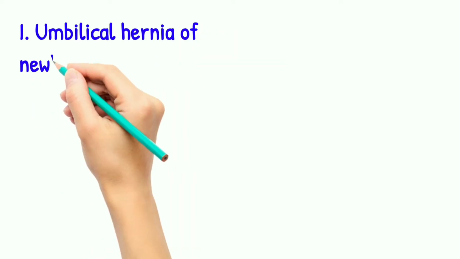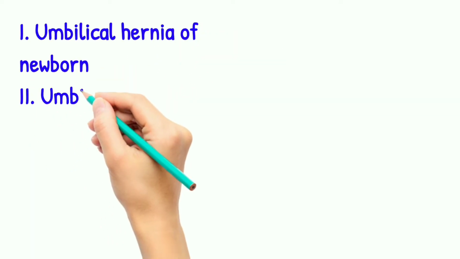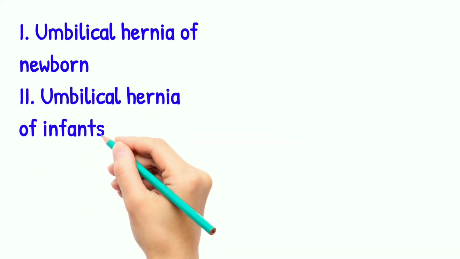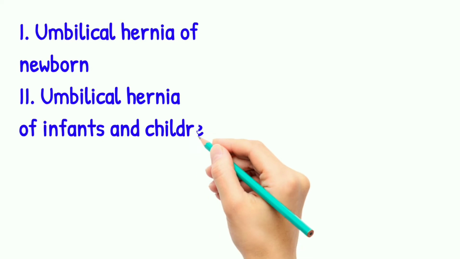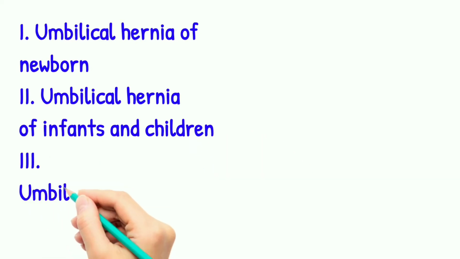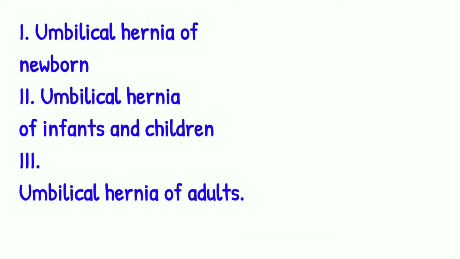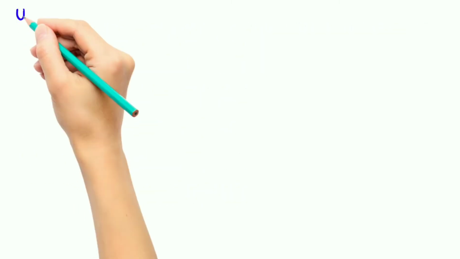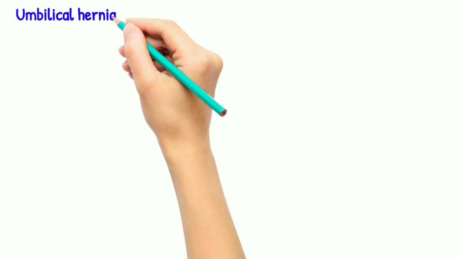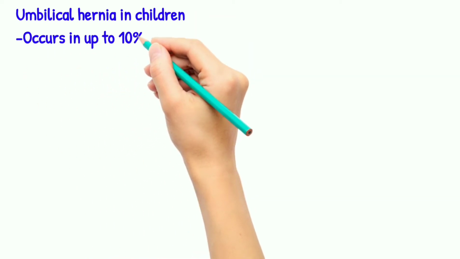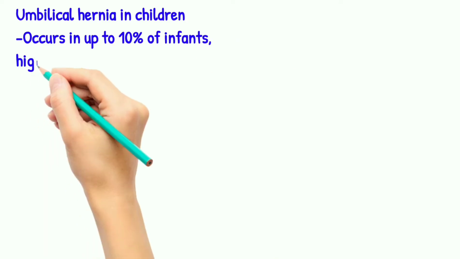So there are three types of umbilical hernia. First is in the newborn, second in the infants and children, and third in the adults. Now let's first see the umbilical hernia in the children and the infants.